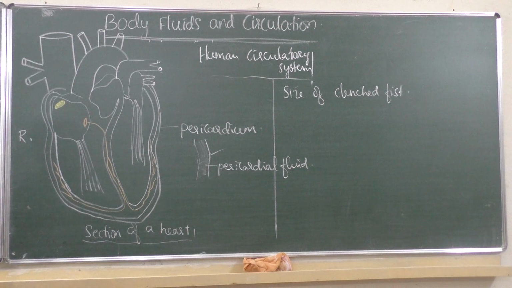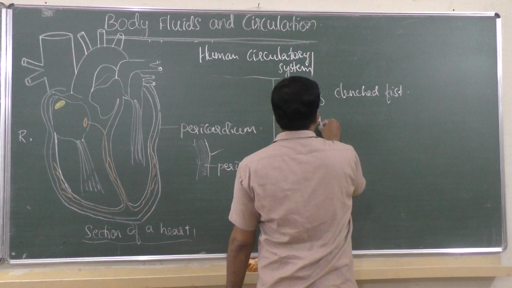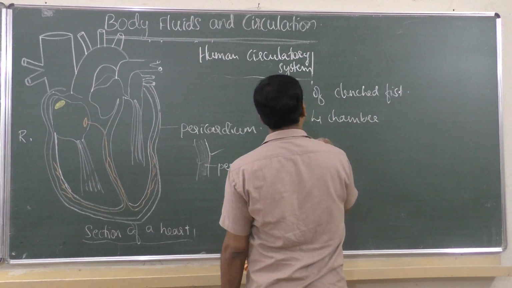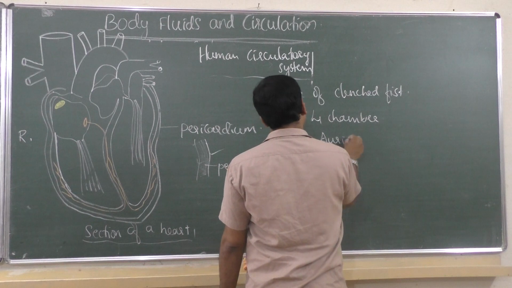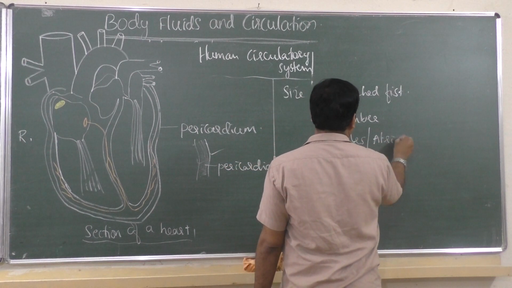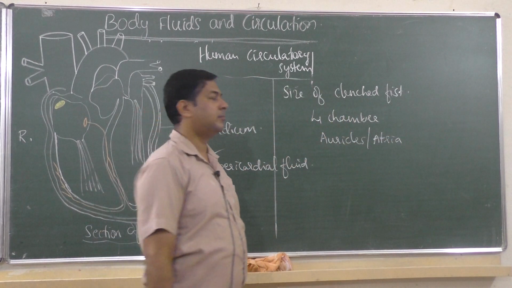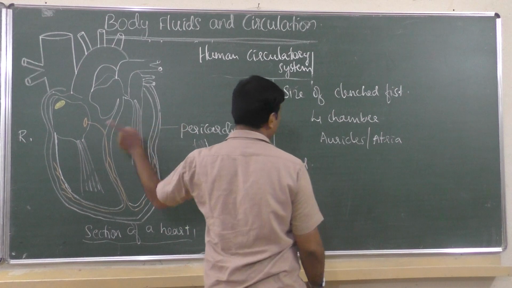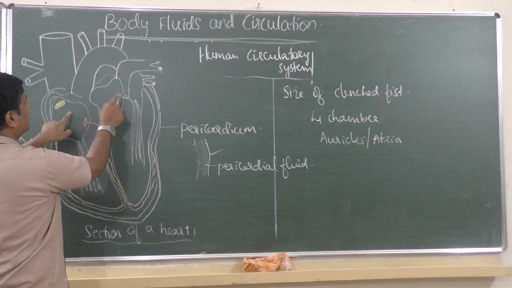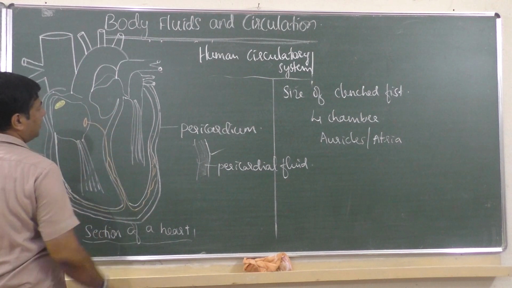Then the heart has 4 chambers, already you know. The upper 2 chambers are called auricles or atria. Atria, singular atrium, because 2 are there, so we call them atria. The upper 2 chambers are called auricles and the lower 2 chambers are called ventricles.